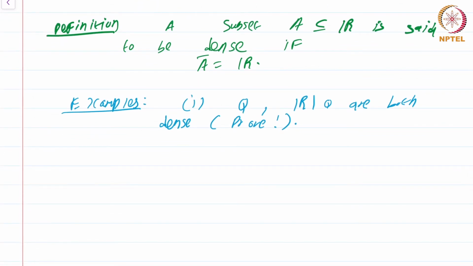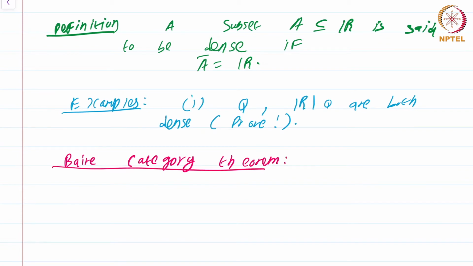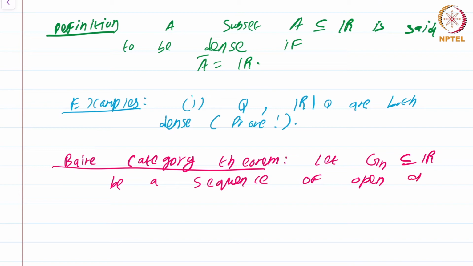Okay, so let me state the Baire category theorem and prove it. The proof is not too hard. In fact, the proof that I am about to give is very similar to the proof of the uncountability of R that we saw using the nested intervals theorem. Let Gn, subset of R, be a sequence of open and dense subsets.